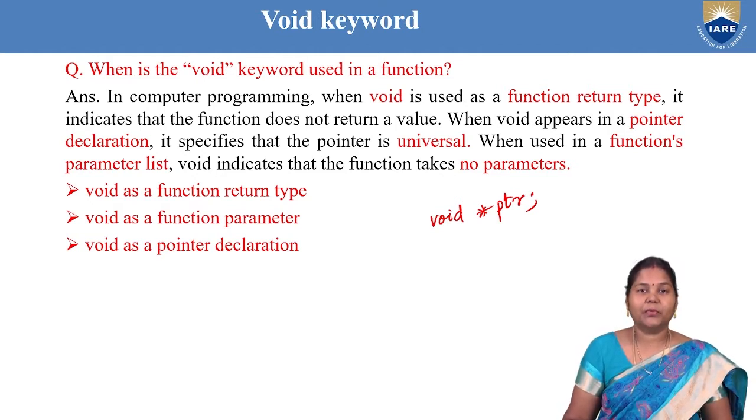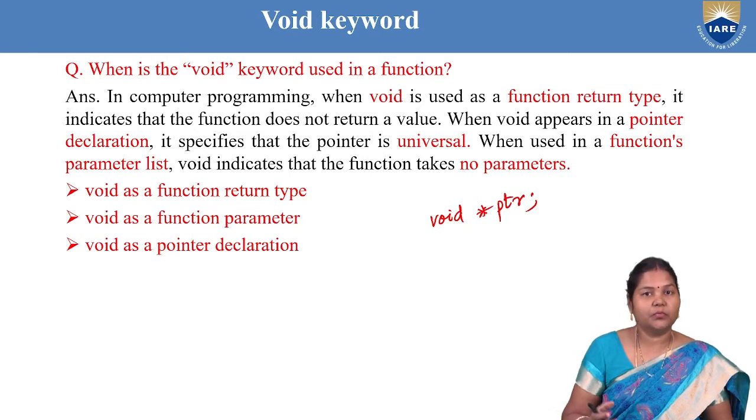It is a universal pointer, also known as a generic pointer. This generic pointer can be converted into an integer pointer, character pointer, float pointer, or any specialized pointer. You can do type conversion and use it. So, void is also used for declaring pointers, which is a universal pointer type.